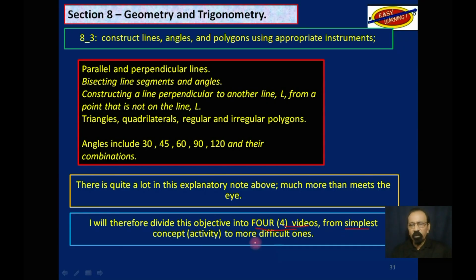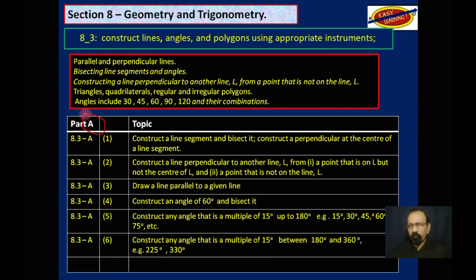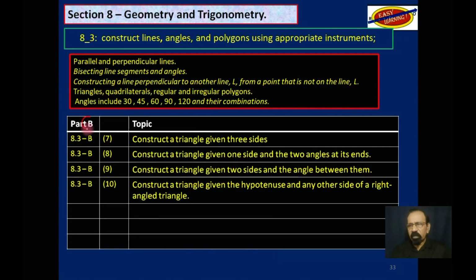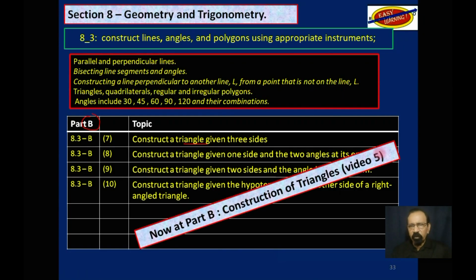Please look at them in sequence because the first video, A, would be the easiest, and then it gets progressively more difficult. So this is section A that we finished in the last video. We now need to go on to section B, which has to do with construction of triangles given certain data. This is what we are doing now in video 5.